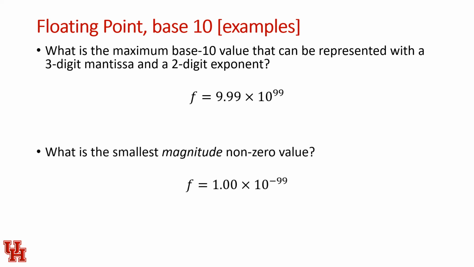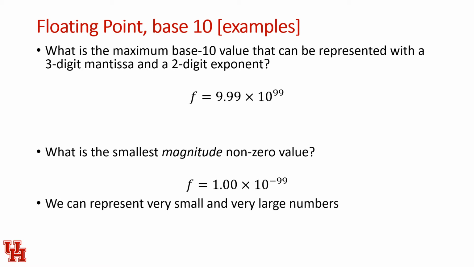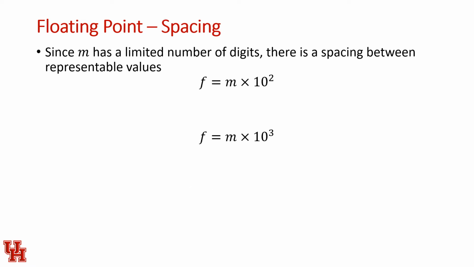The smallest value that can be represented is 1 times 10 to the negative 99, which I guess is 100 untrillion-tillionths. So in short, we can represent very small and very large numbers, provided that the representable numbers have 3 significant figures.